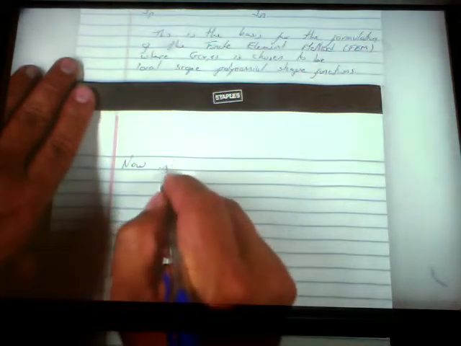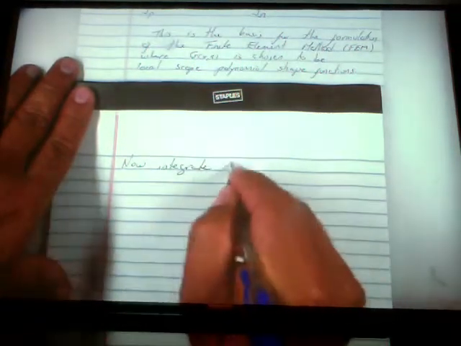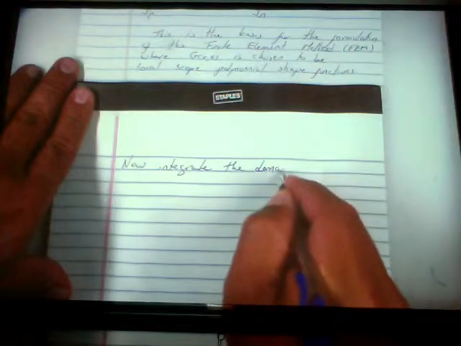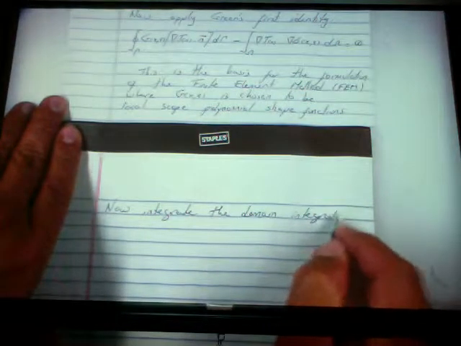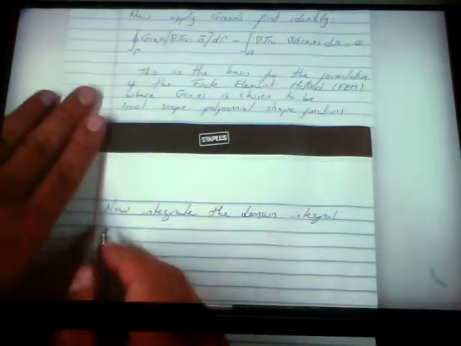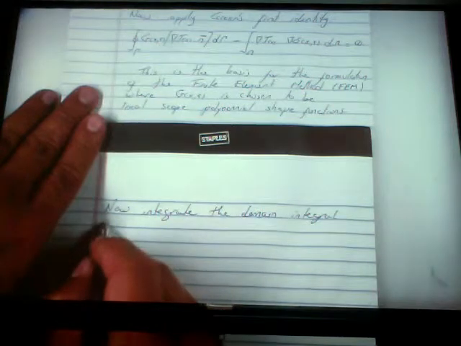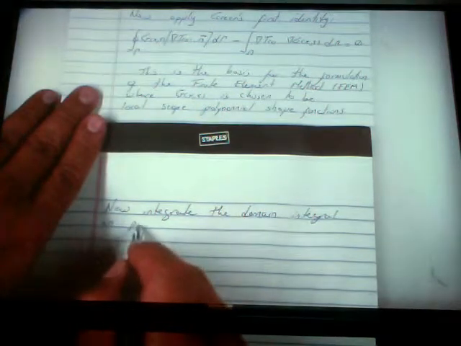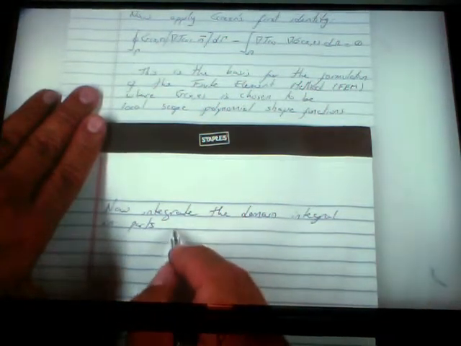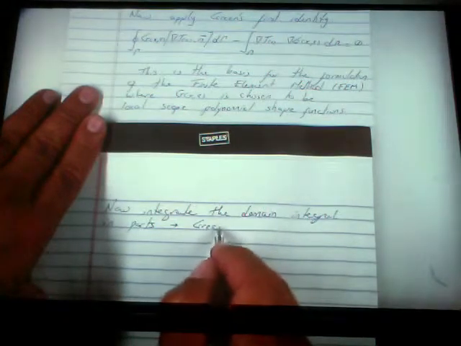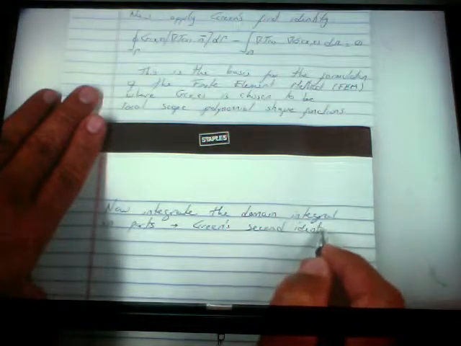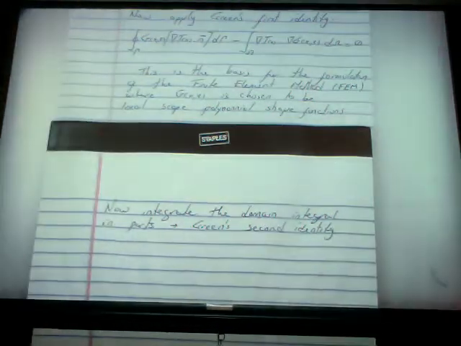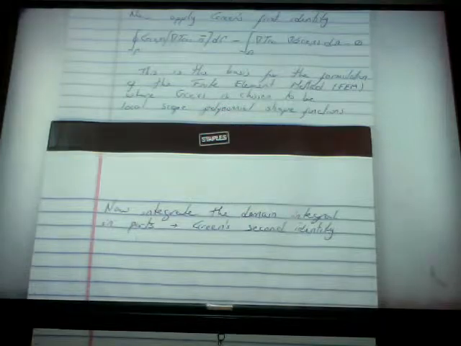Now integrate the domain integral. Remember, this is a boundary integral, right? And this is a domain integral. Integrate the domain integral by parts, leading to Green's second identity. Remember that Green's second identity is just basically Green's first identity twice.